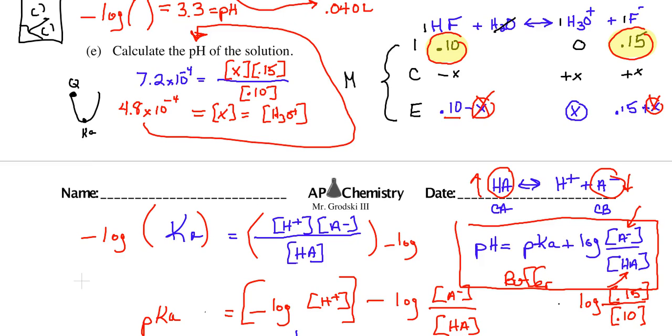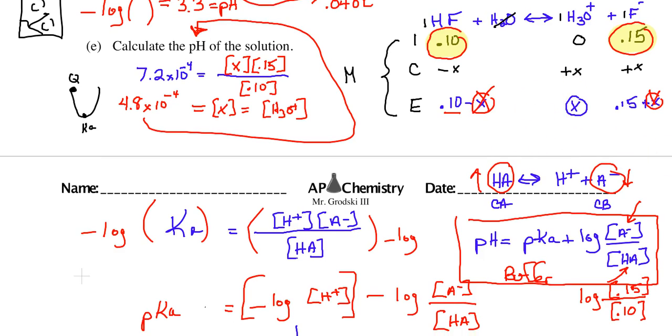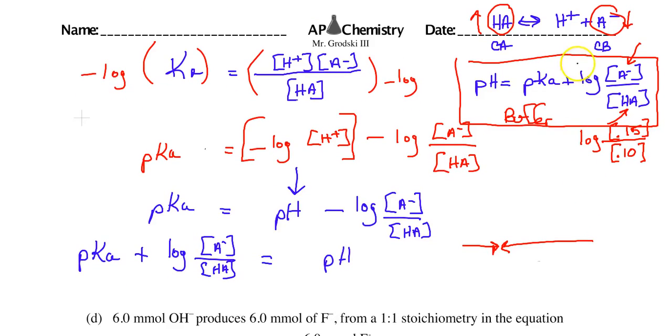Now I'll do the log of 1.5. Log of 1.5 is 0.176. So what does that mean, party people? This whole expression right here is, in this case, 0.176.